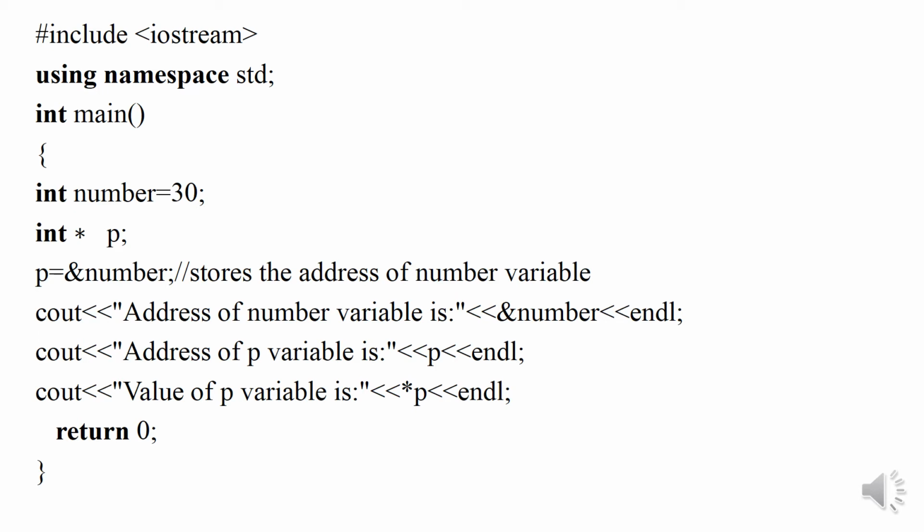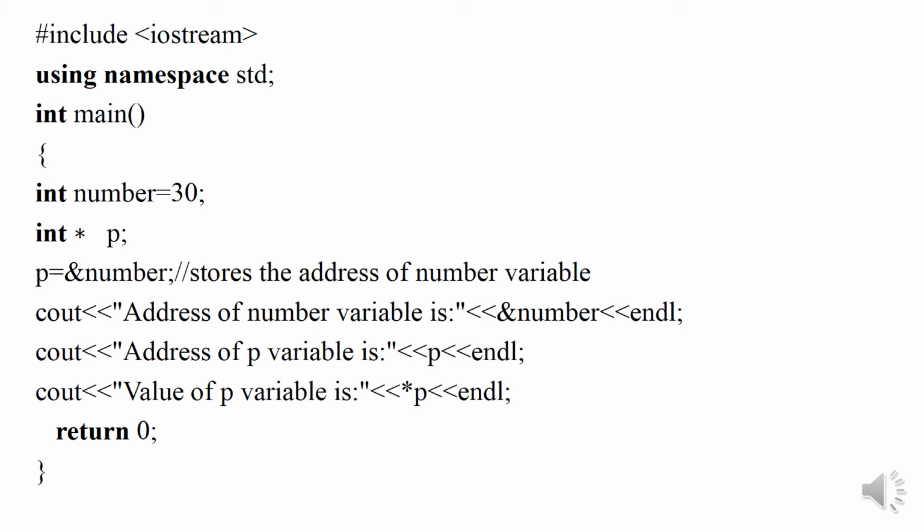So friends, what is the output? The output is, first of all, the address of the number variable; we print the address of the variable number, meaning the number address is printed by the first statement.